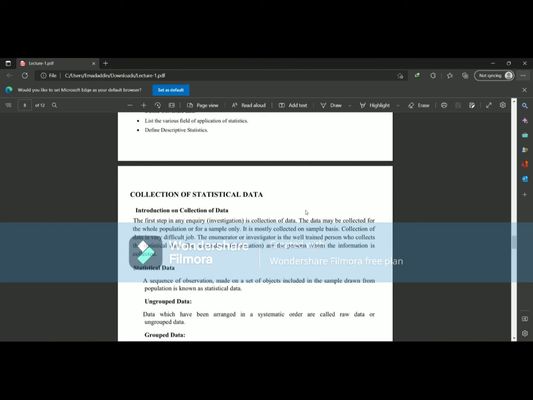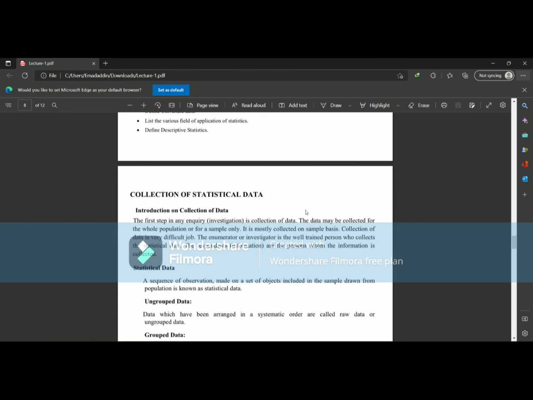The data may be collected from the whole population or from a sample only. It is mostly collected on a sample basis. Collection of data is a very difficult job.